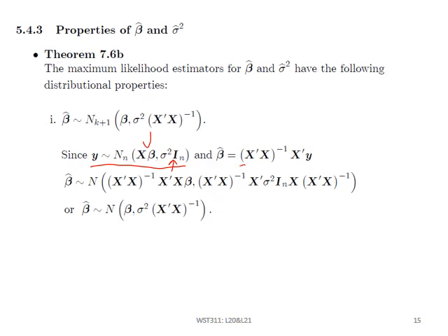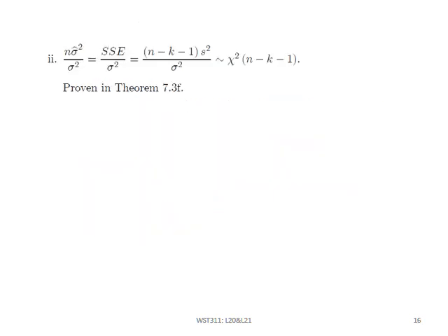Using the fact that we pre-multiply y with the constant X prime X inverse X prime, we can conclude that beta hat follows a multivariate normal distribution with expected value beta and covariance given here. The dimension is k plus 1. For the distribution of sigma hat square, please refer back to the proof of theorem 7.3f.